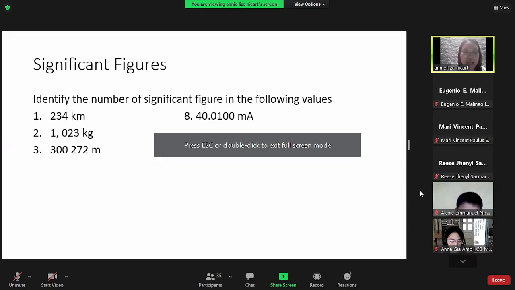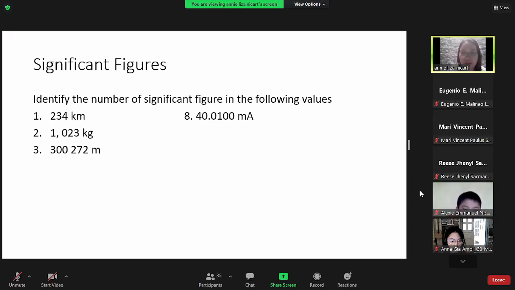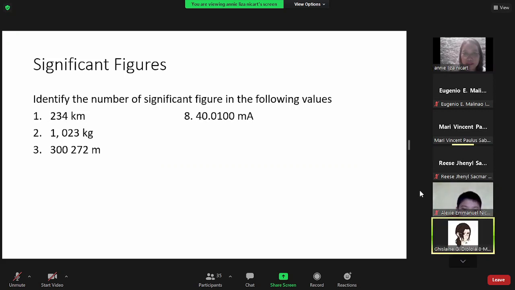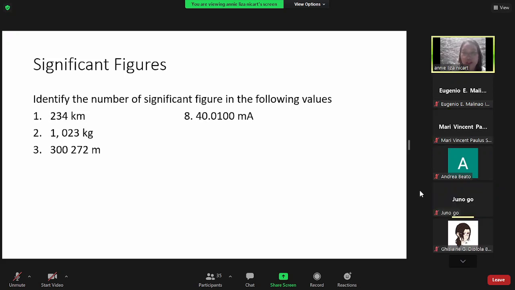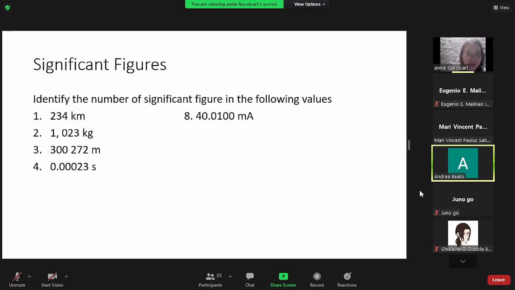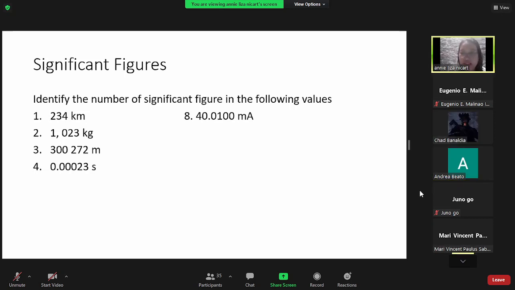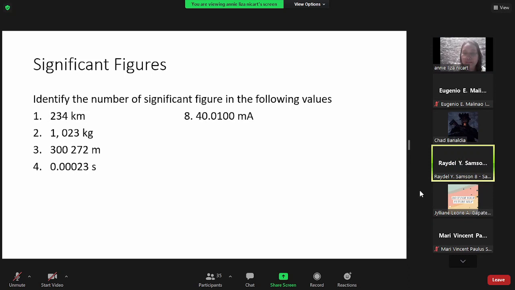Number 3. How many significant figures? Okay, there are 6 significant figures in number 3. Very good. Number 4. How many significant figures? We have 0.00023 seconds. 2.